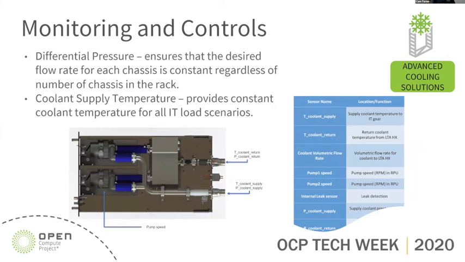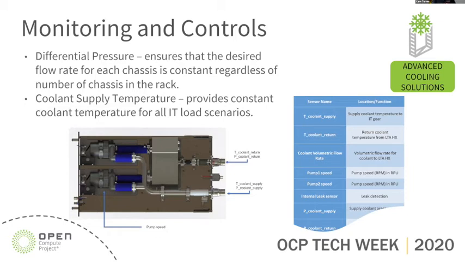For monitoring controls, we have defined 2 control modes. First being differential pressure, the other being coolant supply temperature. So in differential pressure mode, this ensures that the desired flow rate for each chassis is achieved regardless of the number of chassis in the rack.